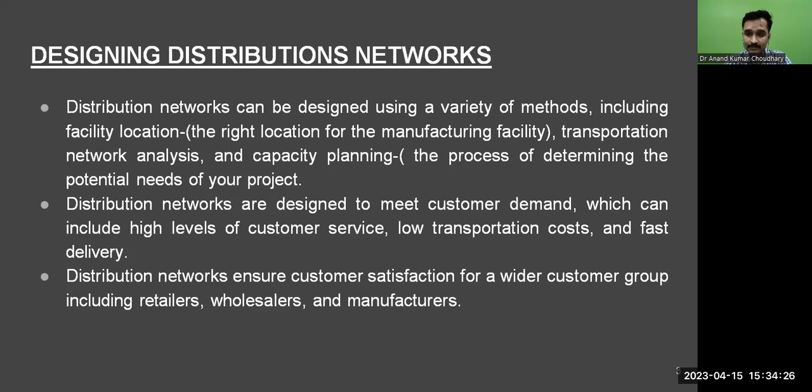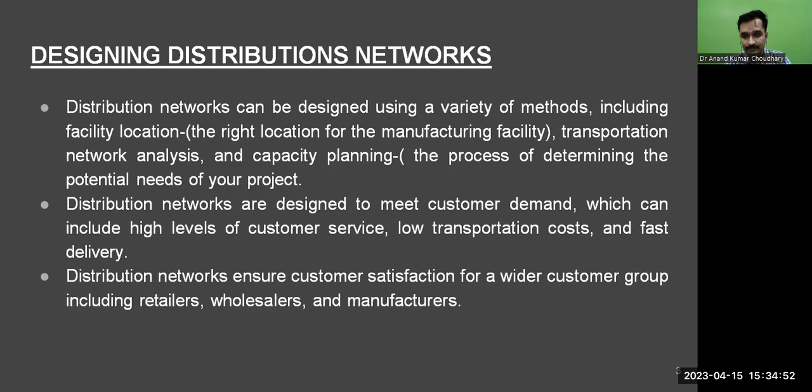So distribution network is from the supplier to the customer. Distribution networks are designed to meet the customer demand, which can include a high level of customer service, low transportation cost, and fast delivery.